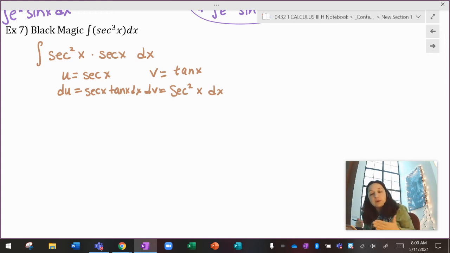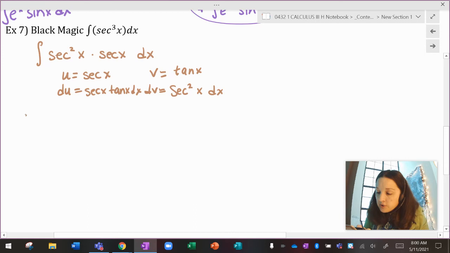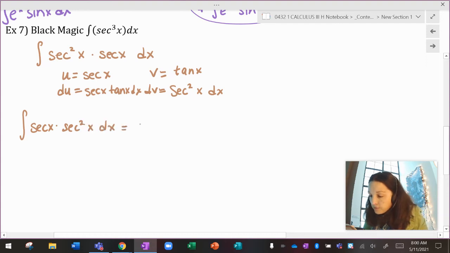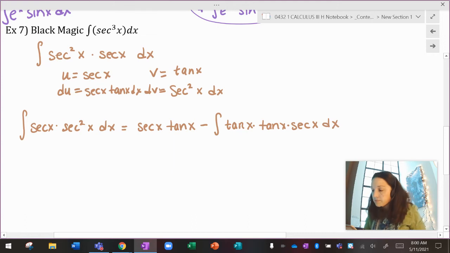So if I want to integrate secant cubed, I'm going to change it to secant squared times secant. I'm going to let secant squared be dv. I'm going to let secant be u, and then I'm going to go from there. So the integral of u dv equals u times v minus the integral of v du.